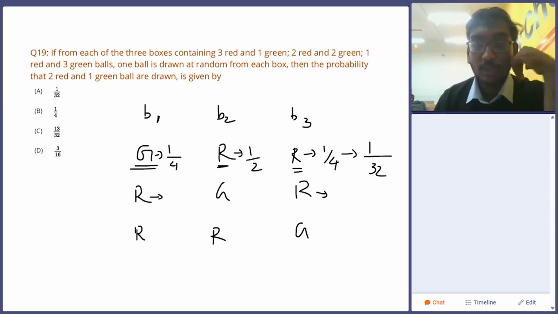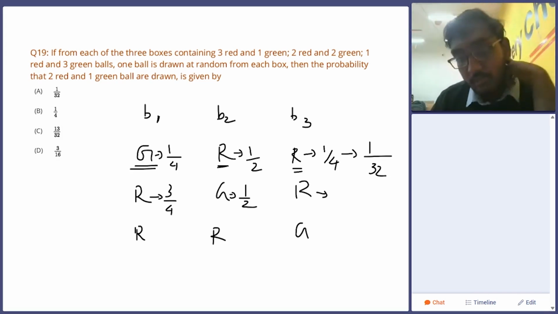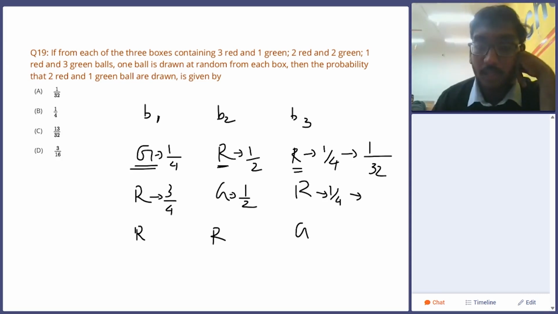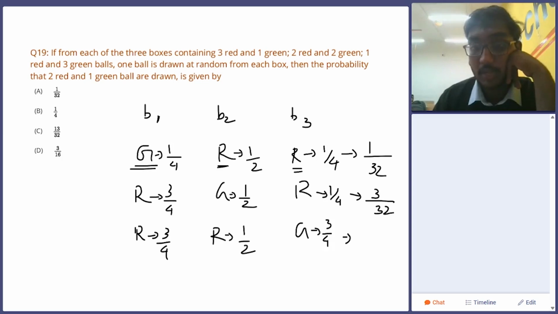Likewise, what about this? What is the probability of drawing red from the first box? It will be 3 by 4. Green from the second box, it is 1 by 2. And red from the third box, it is 1 by 4. So what is the overall probability? It will be 3 by 32, okay? And again, for this, 3 by 4. For this, it is again half. For this, it is 3 by 4, okay?